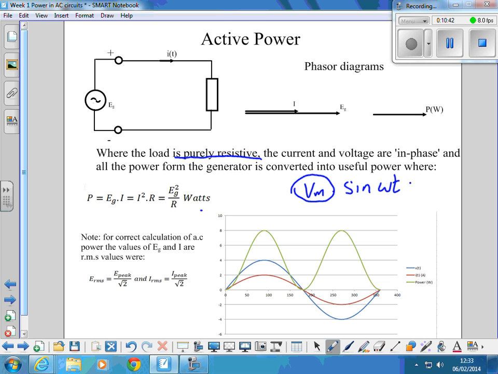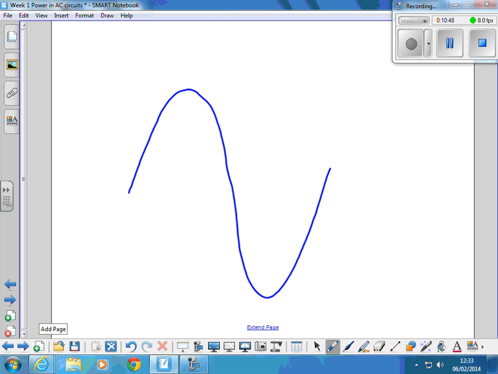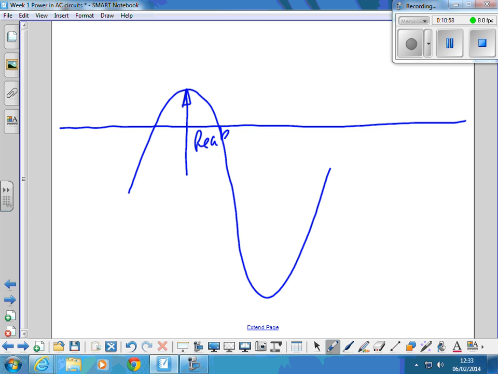Okay? Because that's the waveform, and this is peak. RMS, if there's 0 along there, is the peak divided by root 2.